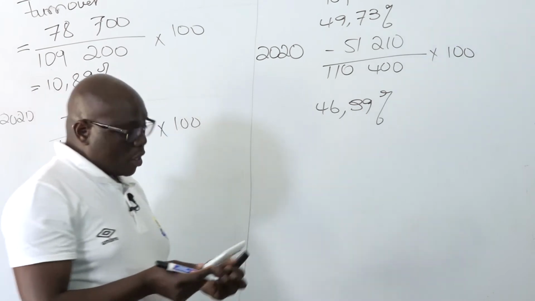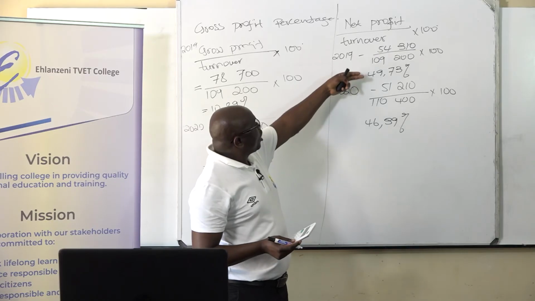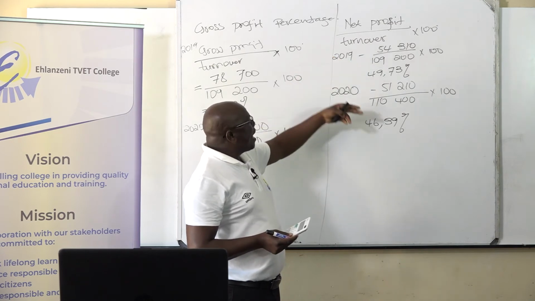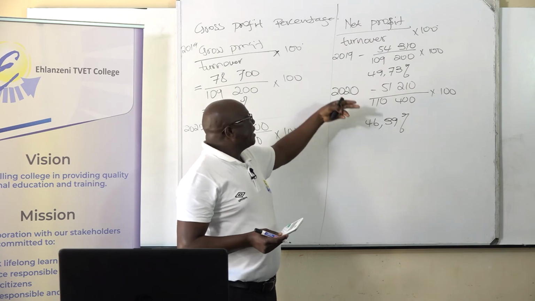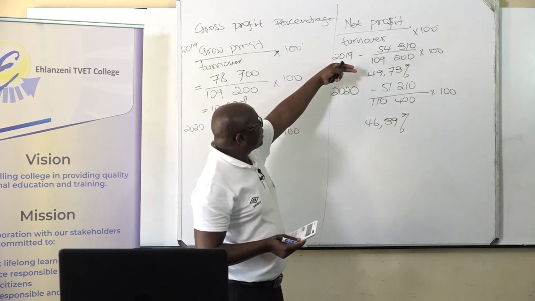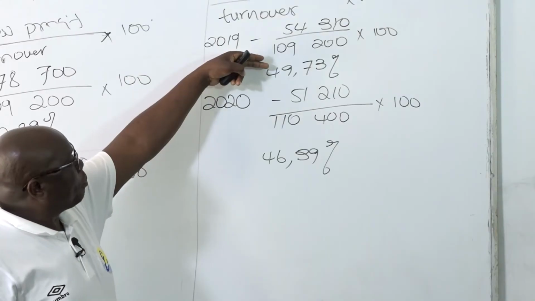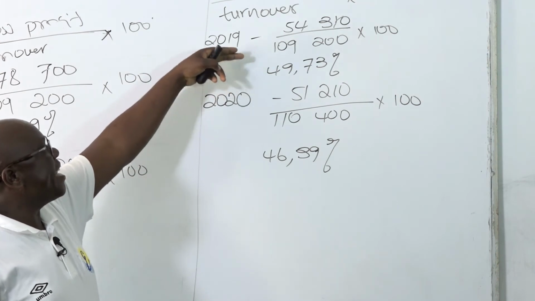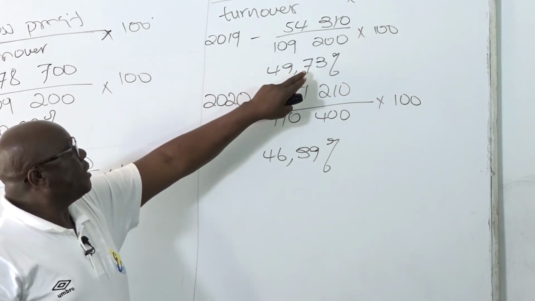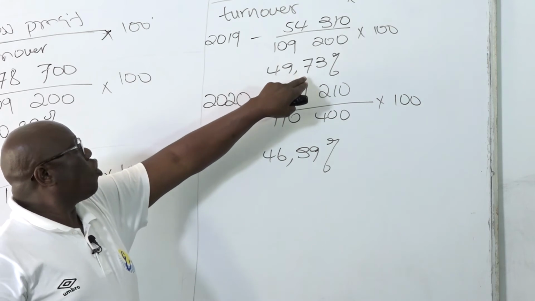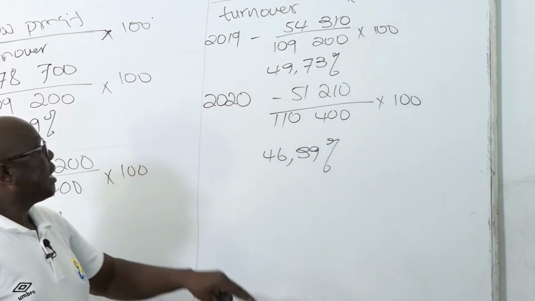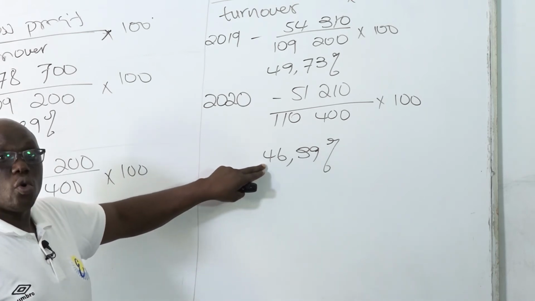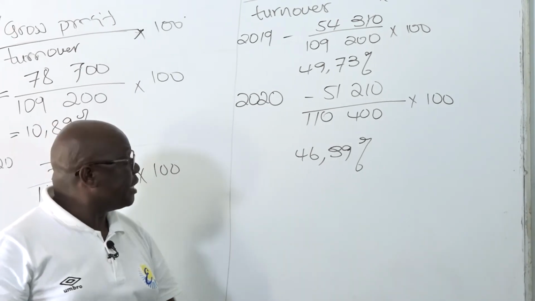46.39%. So when we compare the years 2019 and 2020, our net profit percentage performance in 2019 is 49.73%, as opposed to 2020, where it decreased to 46.39%.